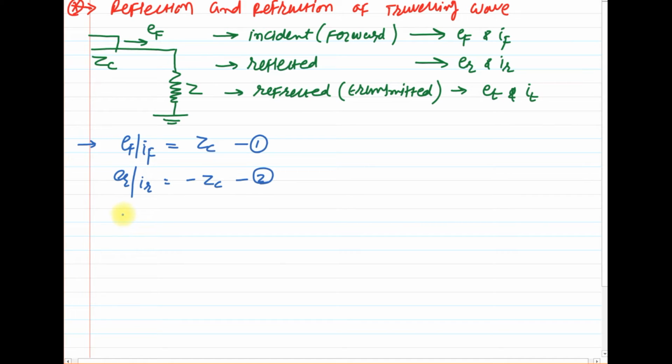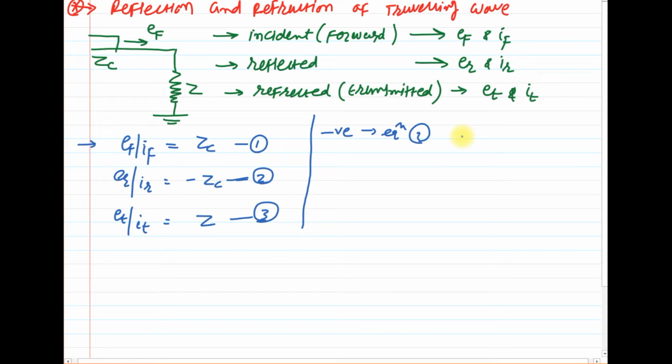And the third one is ET divided by IT, which is a refracted voltage divided by refracted current, which is equal to the terminated impedance of the transmission line, which is Z. Your equation number 3. Now, here we have considered the negative sign over here in equation number 2.